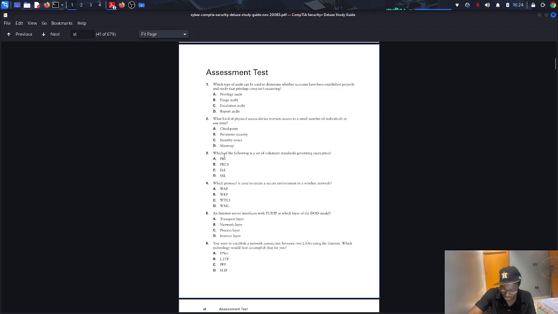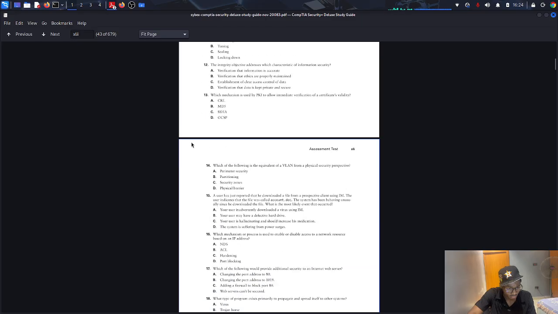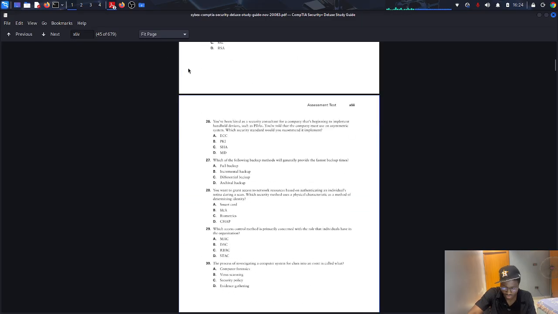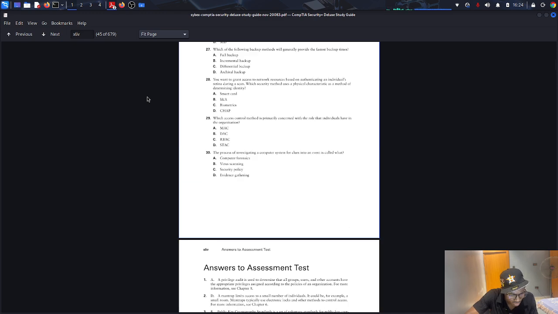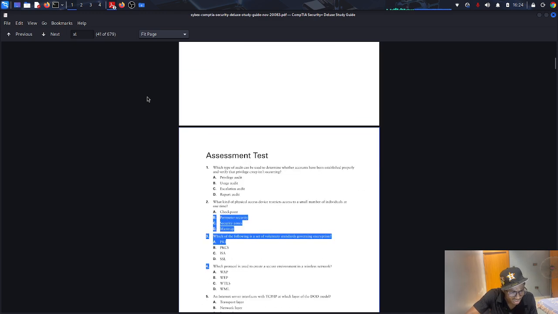Which of the following is a set of voluntary standards governing encryption? I said A, public key infrastructure. So let's see the correct answer. Public key cryptography standards.